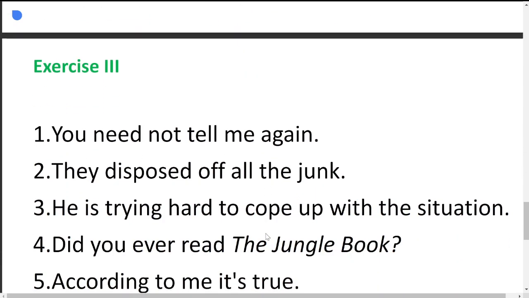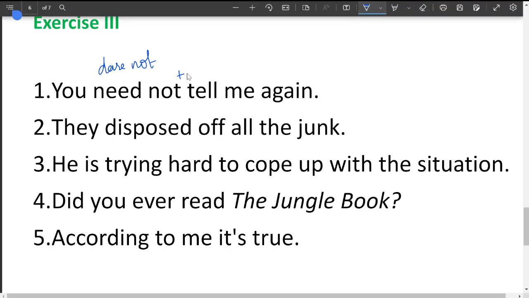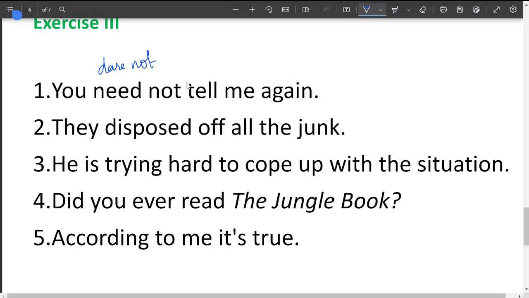Okay. Next one, exercise 3. "You need not tell me again." Now look at this: need not, dare not. Here one word is missing, and the word is "to." This is a typing error here.